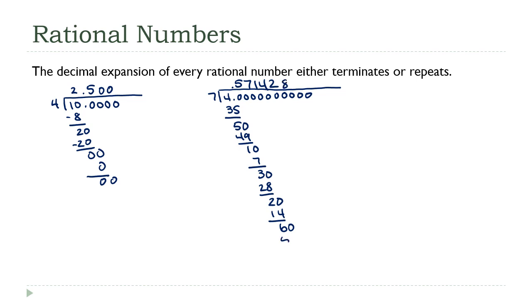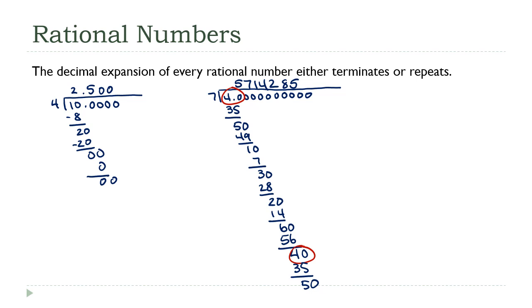is 56. And here's where it gets interesting. Now I subtract, you get 4 and bring down a 0. Notice here, I already had a 40 as part of the process. So now let's do the next step. I'm going to put 5 up here, 35, subtract, and you get 50.